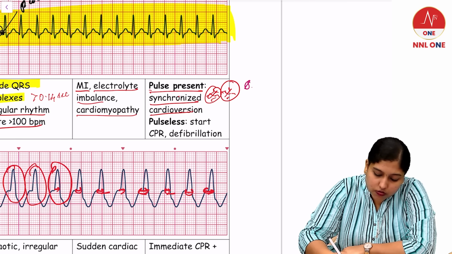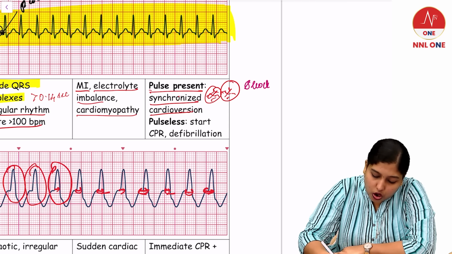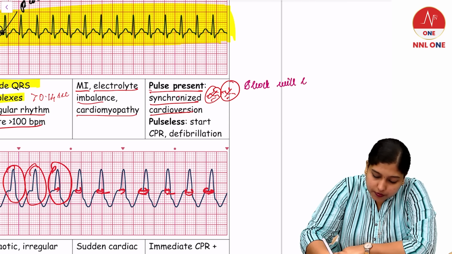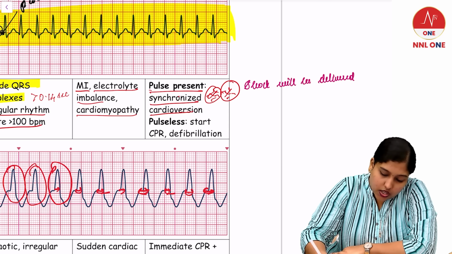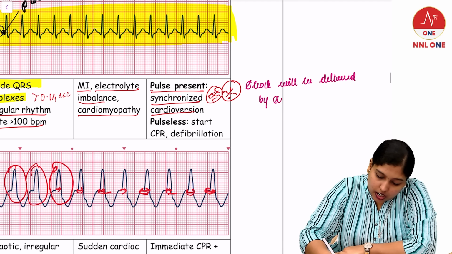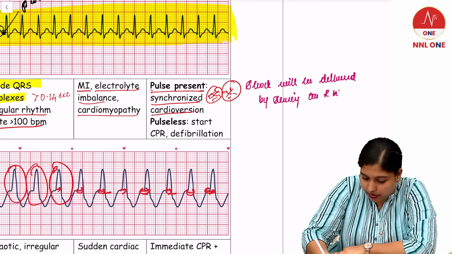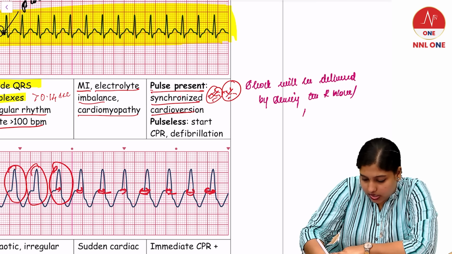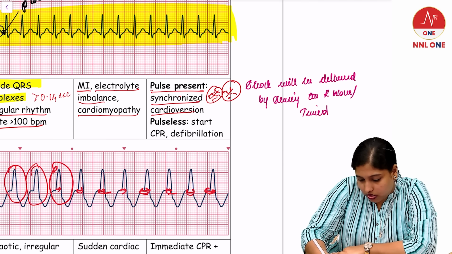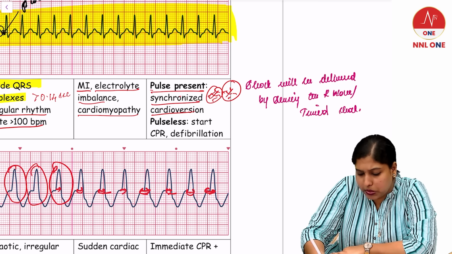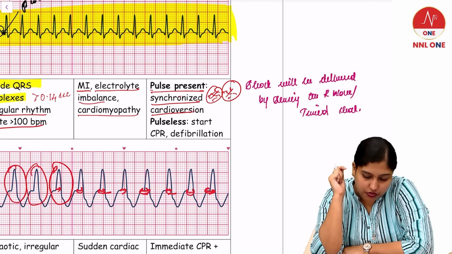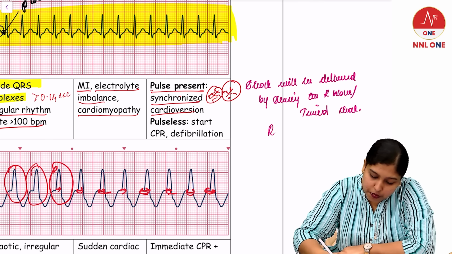The shock is delivered by sensing the R wave. We can say it is a timed shock. The shock will be delivered when the R wave peaks.